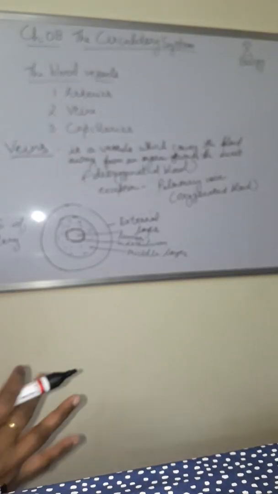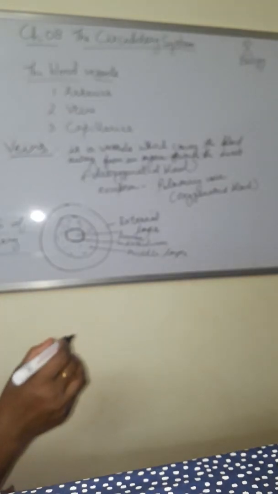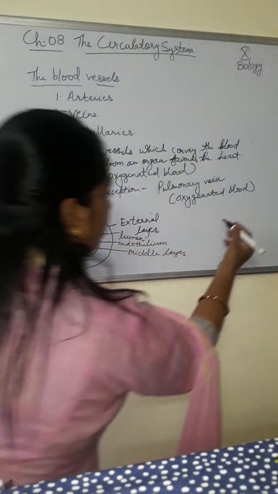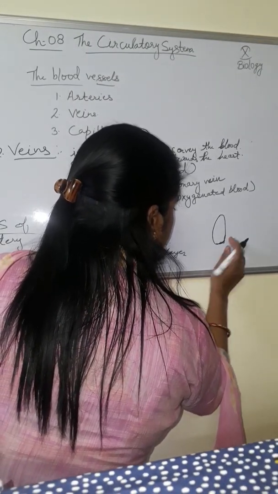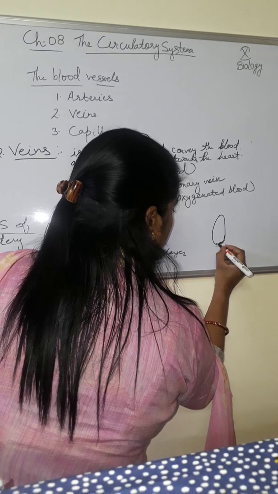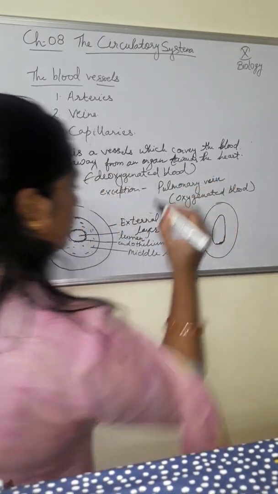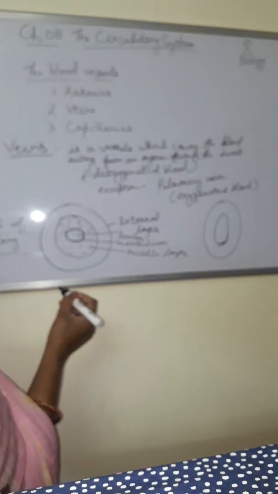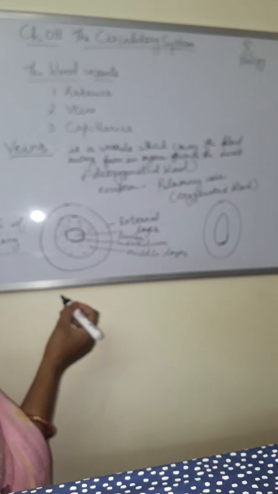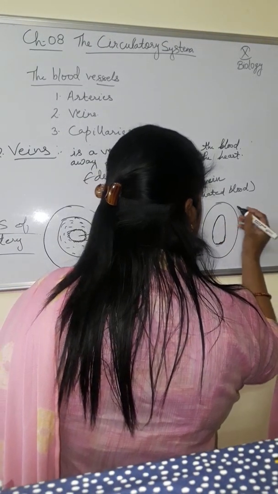See the difference between the structure of artery and vein. This is the TS of artery. Now see TS of vein. इसका जो lumen होता है is big lumen. This one is big lumen. Okay, and thin external layer and smooth muscle is here.